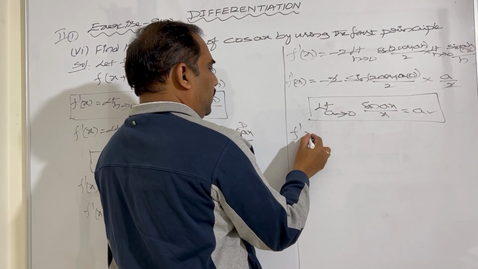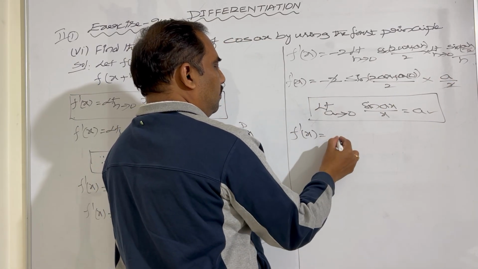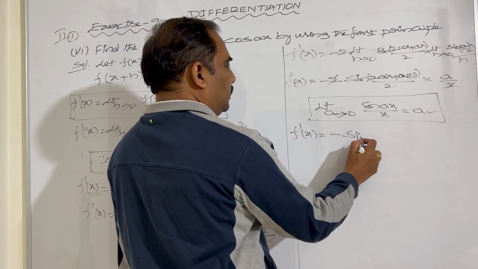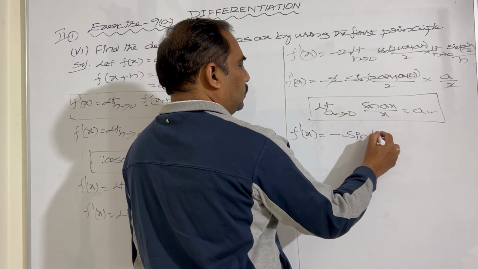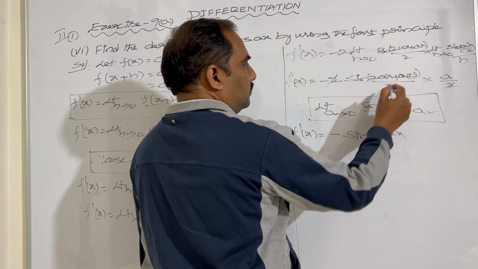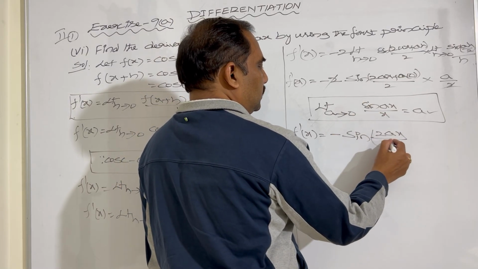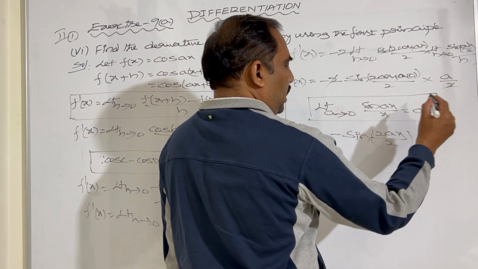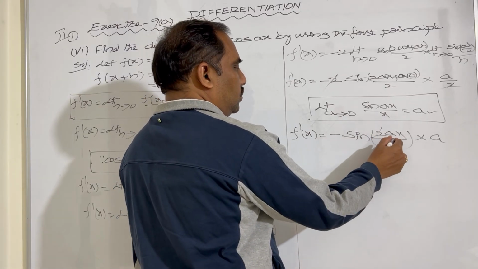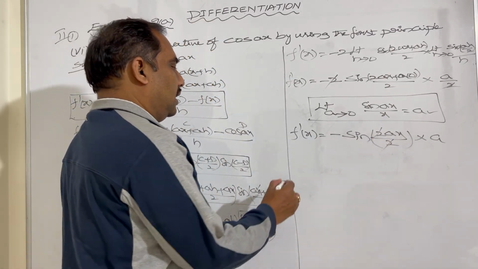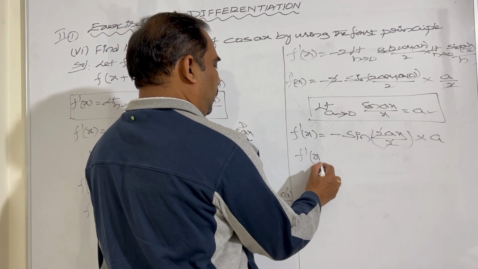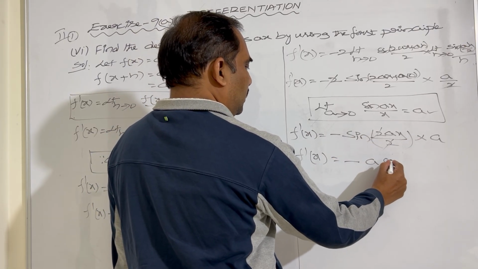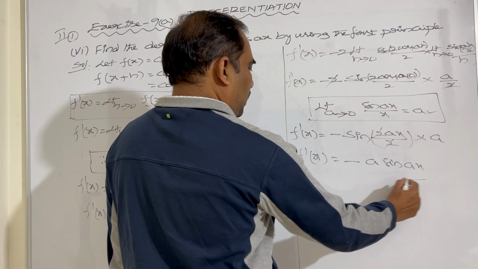So now f dash x is equal to minus sine of 2ax by 2 into a, so the 2 gets cancelled. Finally we get f dash x is equal to minus a sine ax.